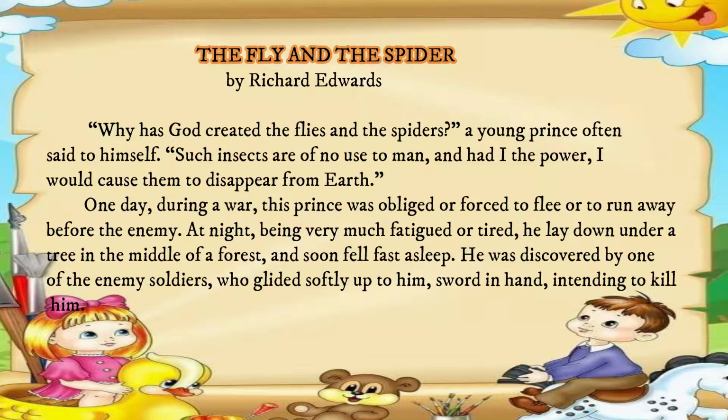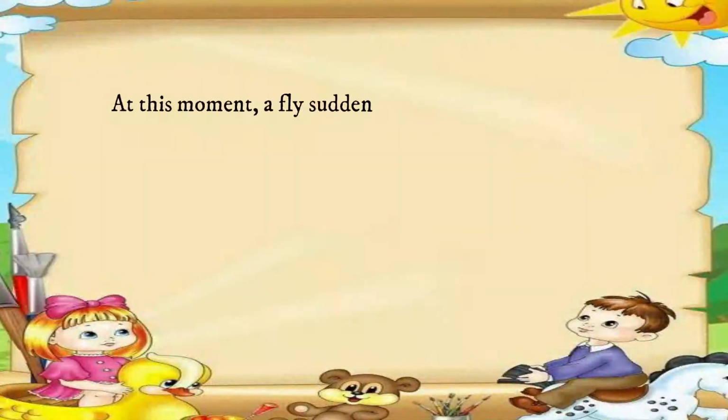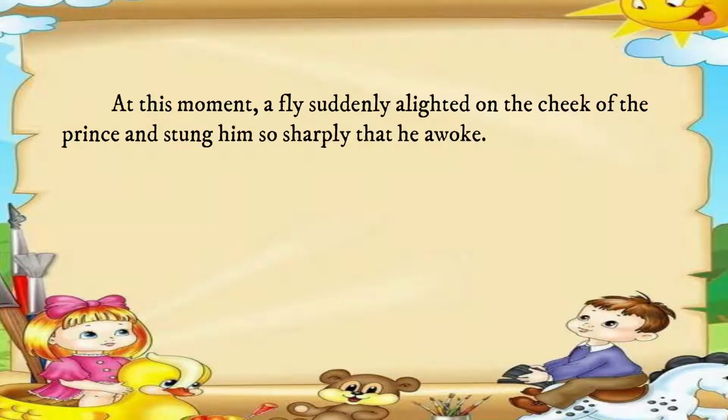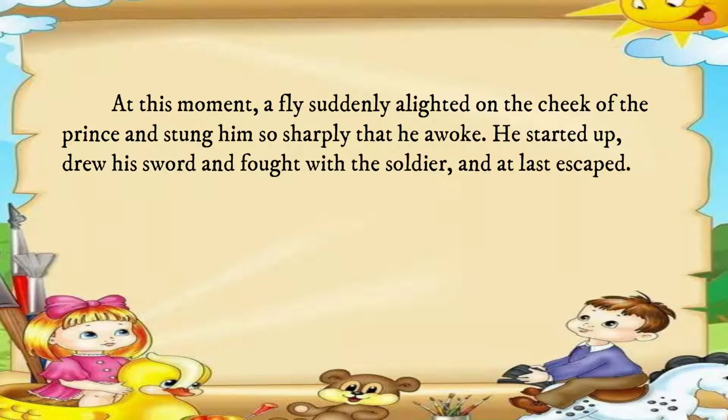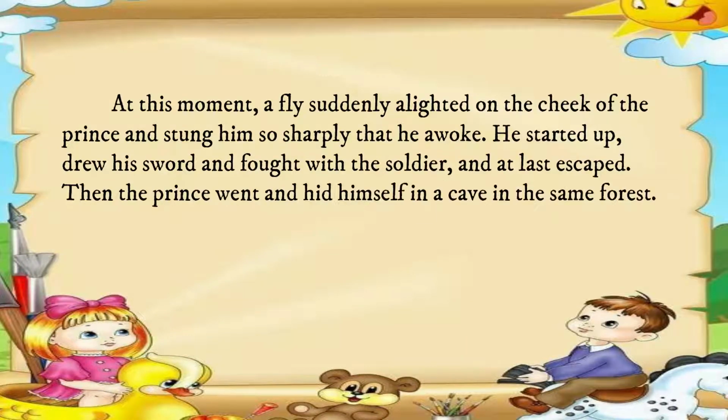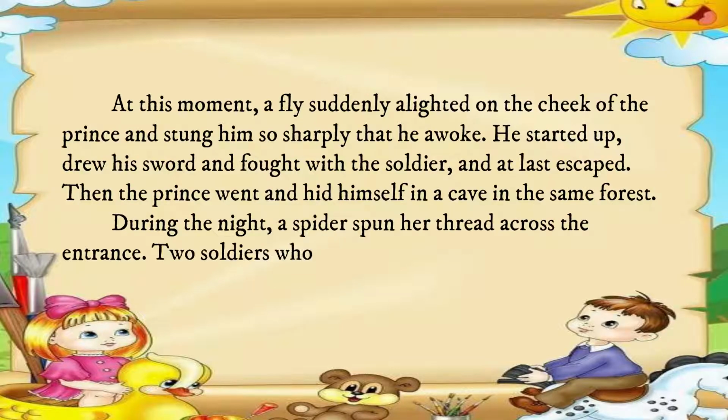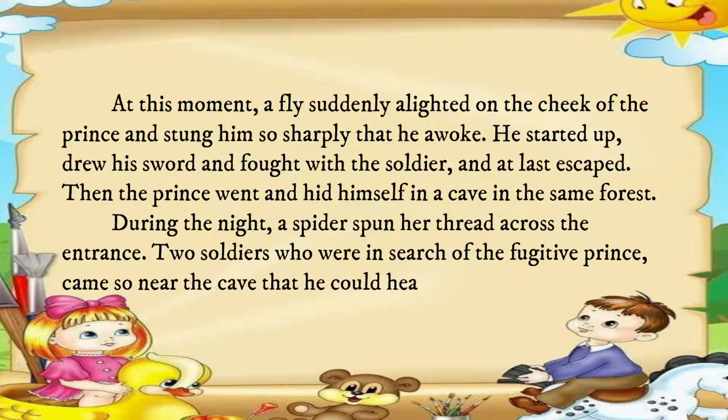At this moment, a fly suddenly alighted on the cheek of the prince and stung him so sharply that he awoke. He started up, drew his sword, and fought with the soldiers, and at last escaped. Then the prince went and hid himself in a cave in the same forest. During the night, a spider spun her thread across the entrance.